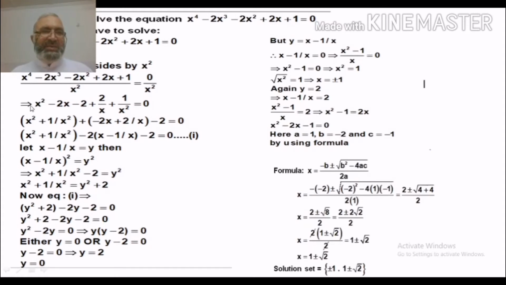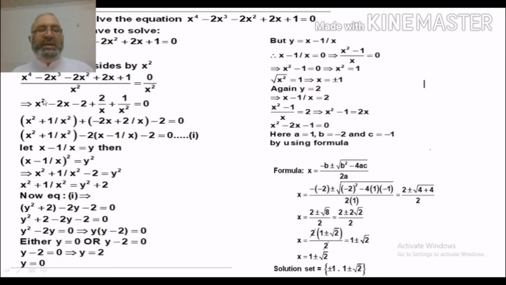From the left side we get x4 divided by x square, we get x square, minus 2x cube divided by x square, x cube and x square cancel, so 1x remains, so minus 2x, minus 2 x square cancel, we get minus 2, here x 1 cancels with x, so 2 by x plus 1 by x square equal to 0.